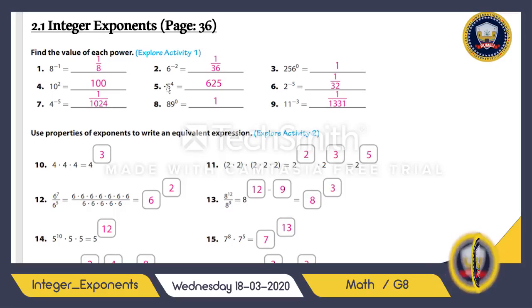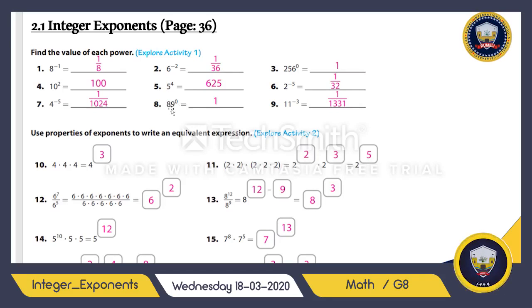5 to the power of 4, it's 5 multiplied by itself 4 times, and that is 625. Arin, don't tell me I cannot do this. You can do it. Just multiply 5 by 5 by 5 by 5. No, I'm just joking. Okay. So 89 to the power of 0, it's 1.